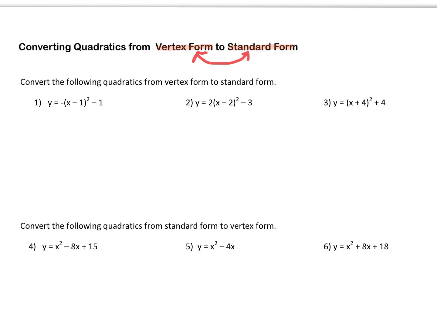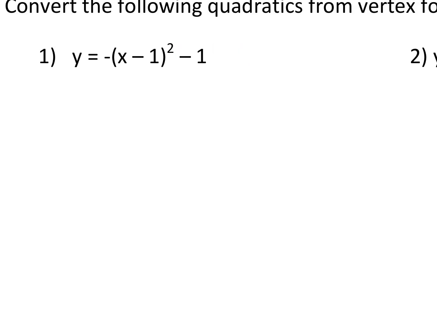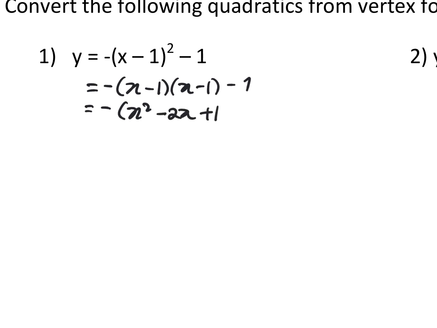Okay, number 1, convert the following quadratics from vertex to standard form. Okay, here we're going to just proceed. So this is going to give you y is equal to negative x minus 1 times x minus 1, minus 1 here. So still negative, that's going to be x squared, okay, minus 2x, then plus 1, and then negative 1.